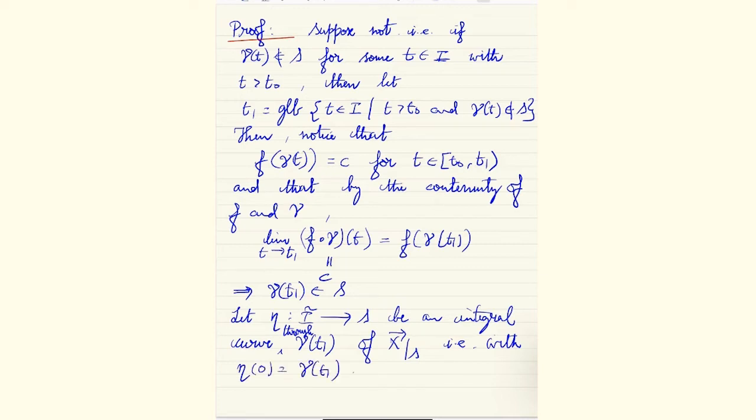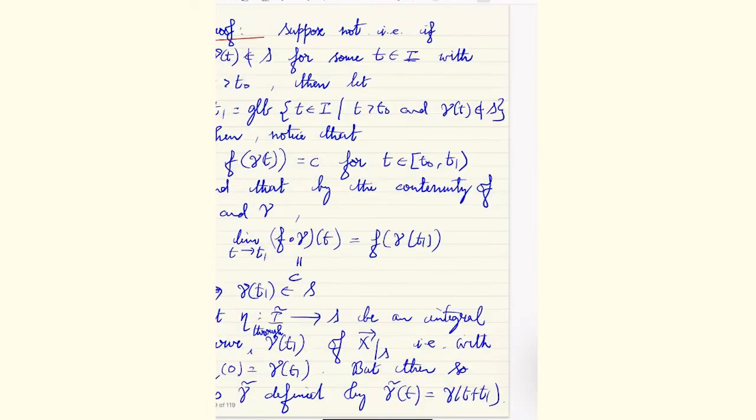Now, on the other hand, a mere translate of gamma itself also satisfies this. So is gamma tilde, defined by gamma tilde of t equals gamma of t plus T1. So this is also an integral curve through gamma T1, which is integral to x when you restrict it to S. So now you can use uniqueness.